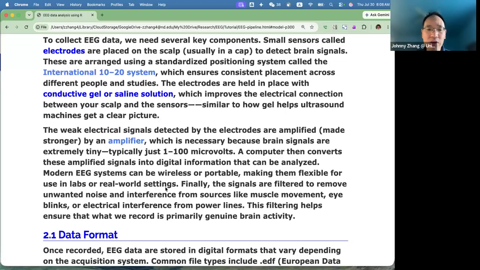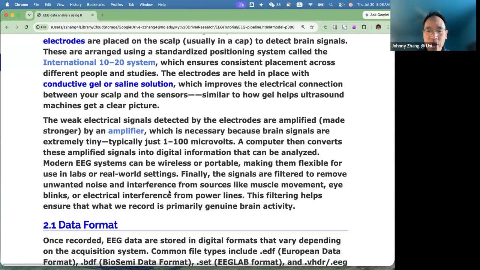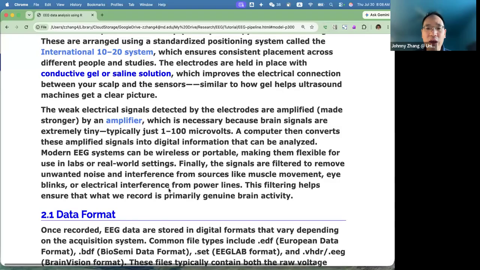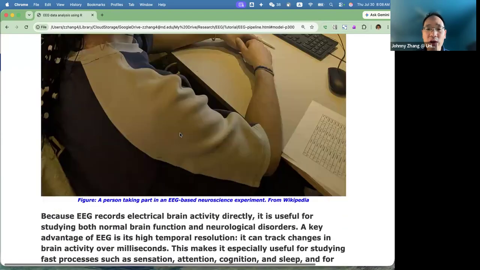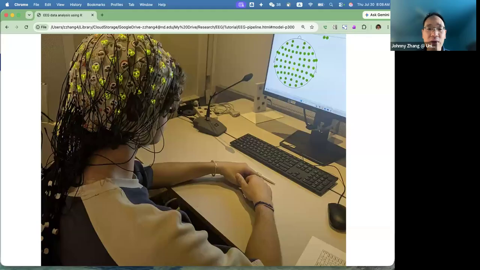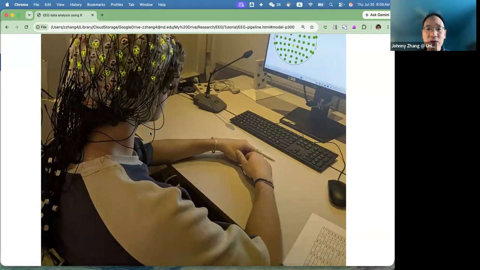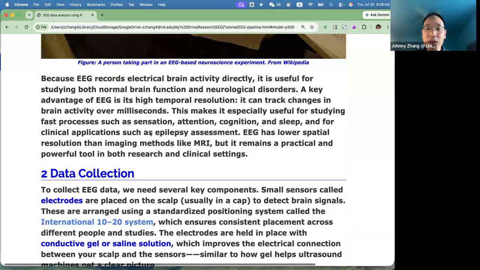Then we can convert those signals to digital format so we can save the data and use it in the future. Although older systems often need to use wires like this, now there are also wireless sensors, which makes it more convenient to collect data.